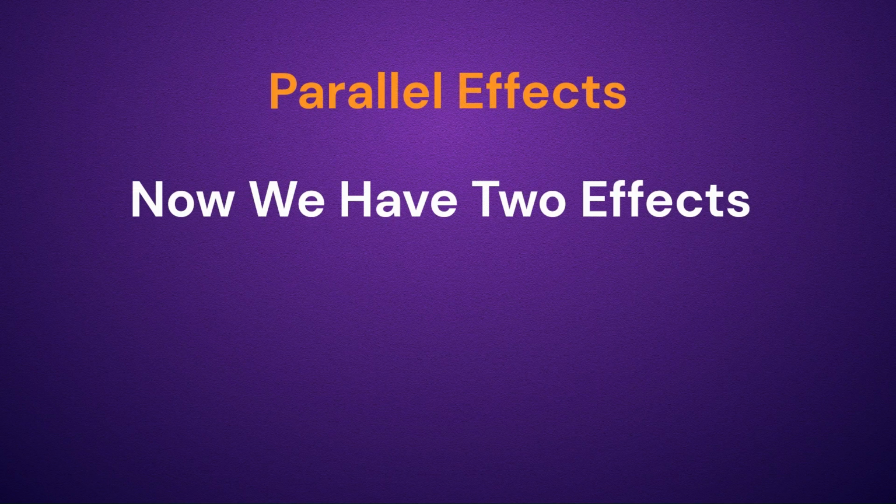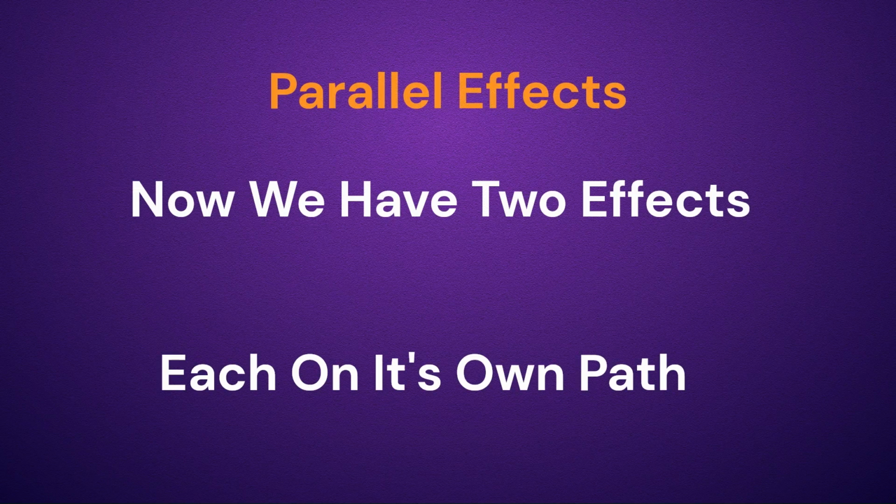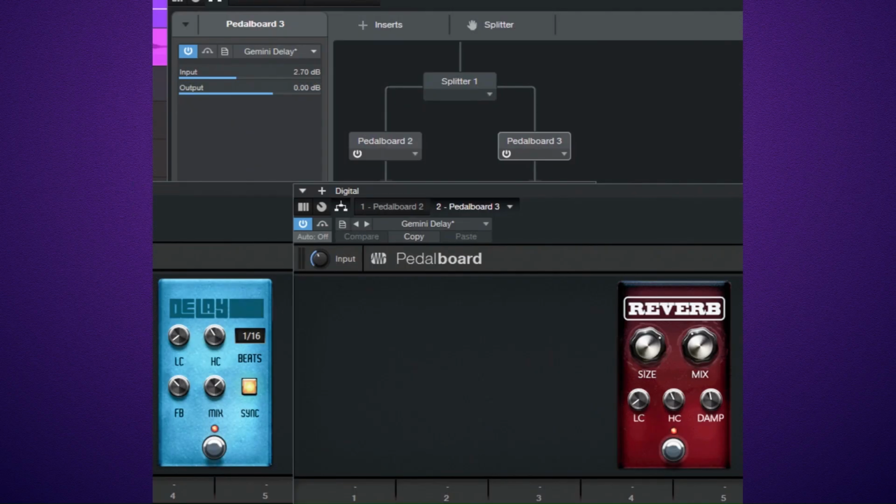This is going to be called parallel, and I'm using the digital reverb and delay here, and here's what it looks like. We've got the delay on one side and the reverb on the other going in to the recording.